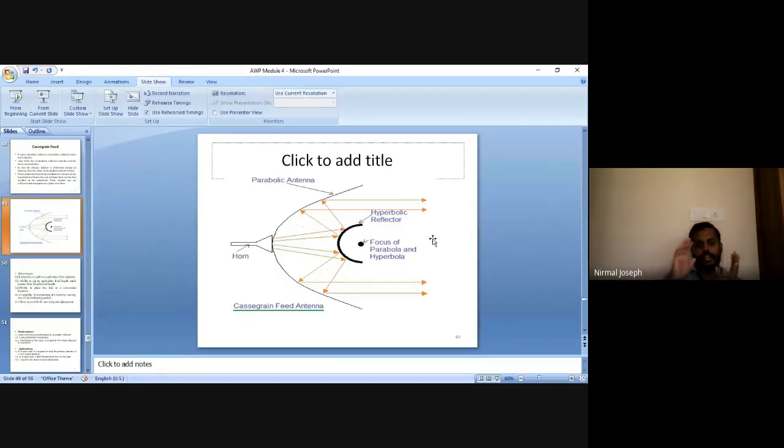Then the feed antenna radiates the signals onto the hyperbolic reflector, from which they get reflected and fall on the parabolic reflector. From there, they are again reflected and form a plane beam of wave. That is the basic idea.